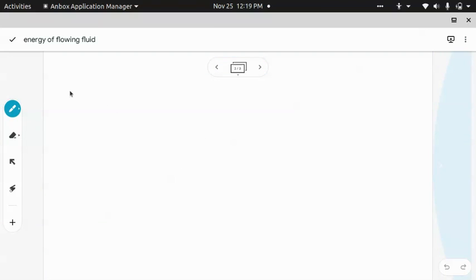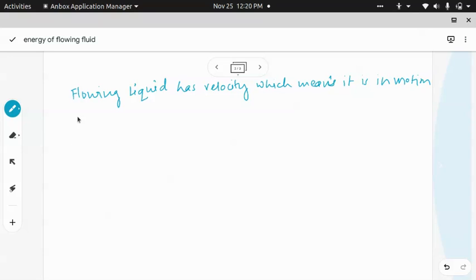So I will write here: flowing liquid has velocity, which means it is in motion, so it possesses which type of energy?